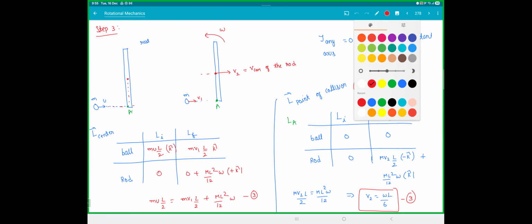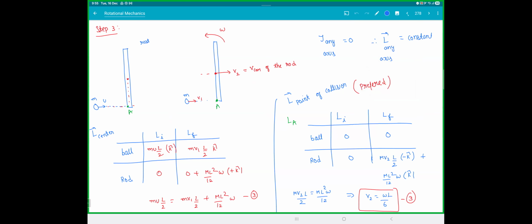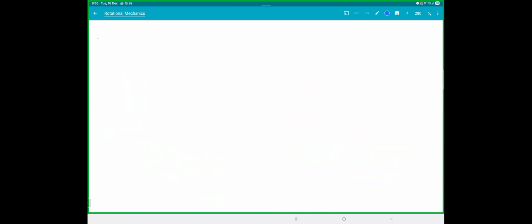Now I'll give you one more, with some numbers, so you try. That's the theory and the concept. We have a rod with mass 2m and length L. A ball of mass m is going with u and hits the rod at a distance of L by 4, and let's say e is equal to half.